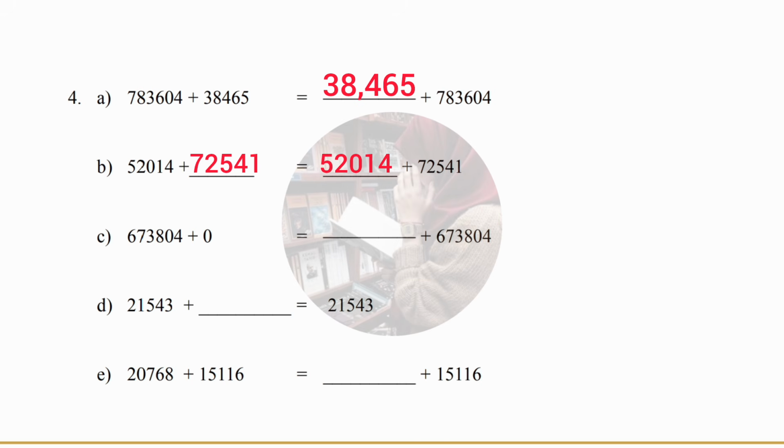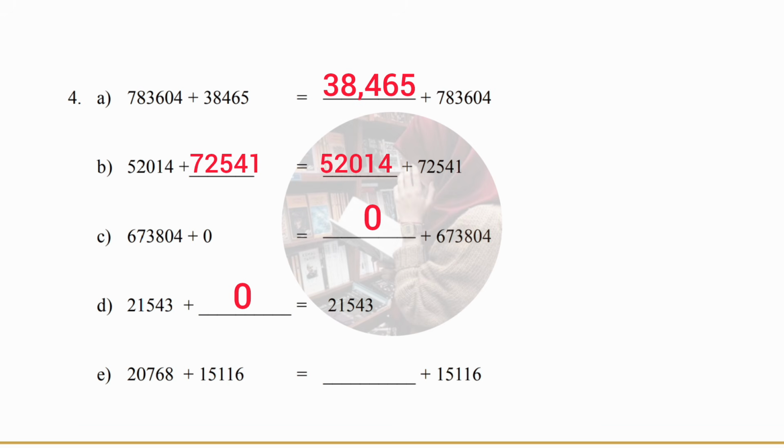Okay, now we'll see the third one, which is 6,73,804 plus 0 is equal to dash plus 6,73,804. I already told you, addition of any number with 0 will give you the same answer. That's why I wrote 0 there in the blank. Next one, 21,543 plus dash is equal to 21,543.